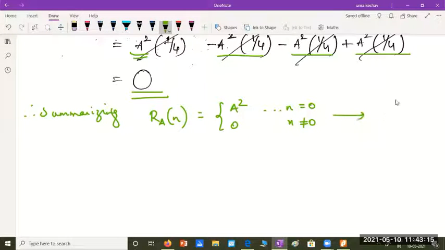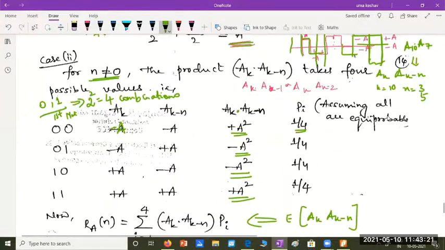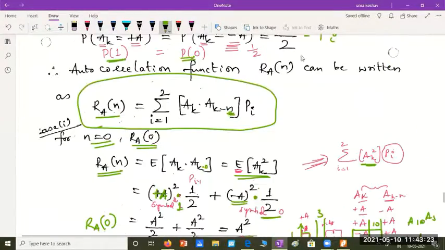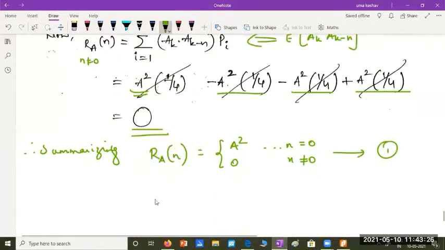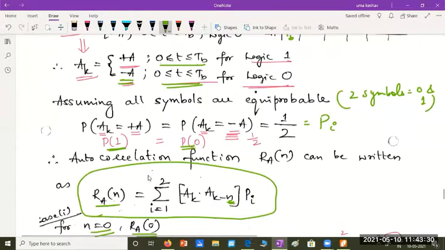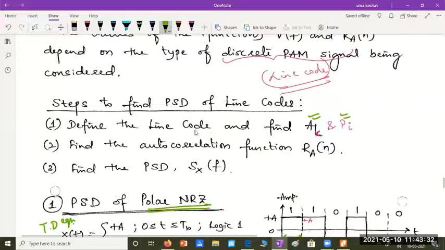Okay. So I don't know whether we have given equation numbers. If not, I'll start from here. Let me take 1. Okay, we haven't given numbers here. So we are done with the first step in the process: define the line code, find the AK values and PI. We did that first.